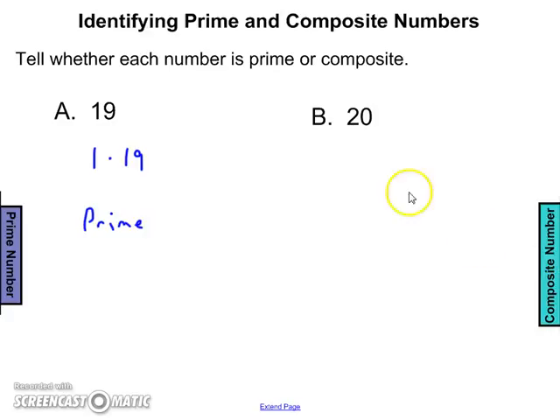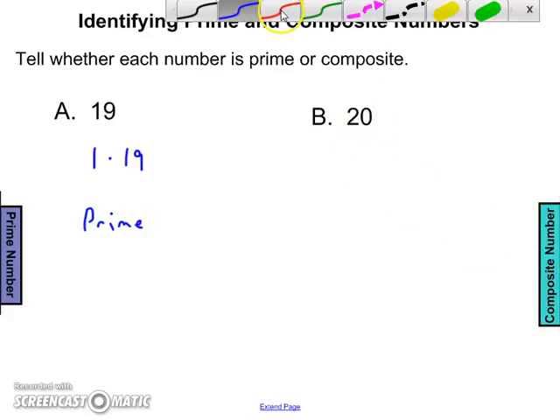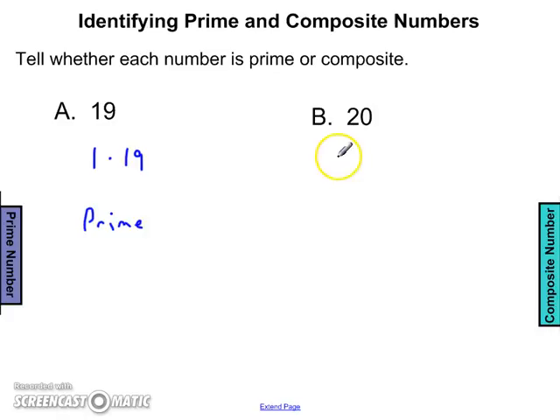If you think about 20, what are the things that go into it? If you need to list them, we know that 1 times 20 is 20, and you'll notice I'm listing these as pairs. I know that 2 times 10 would be 20. So there are 2 more factors of 20. 3 does not go into 20 evenly, but 4 does, because 4 times 5 is 20. 6 does not go in evenly, 7 does not, 8 does not, 9 does not, and then we get into 10, which we've already used.